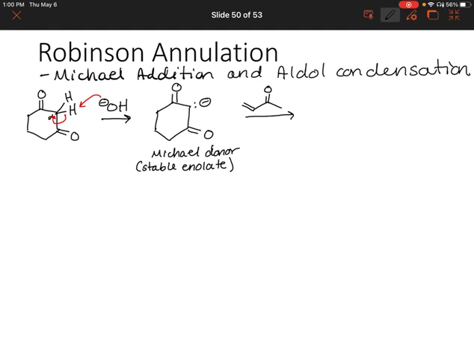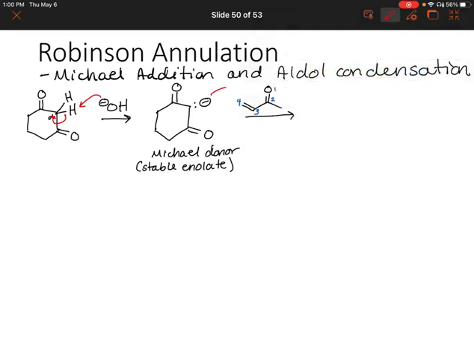Now, because this is a Michael donor, will this attack carbon 2 or carbon 4? And here I'll label our atoms. So where would that Michael donor attack? Carbon 4, right? So stable nucleophiles attack carbon 4, and we end up forming the 1,4 addition product.